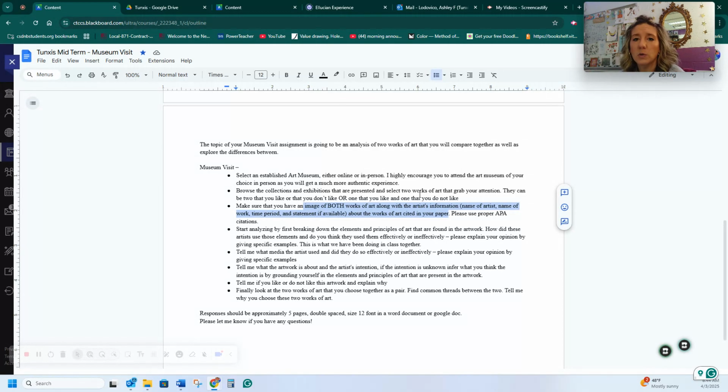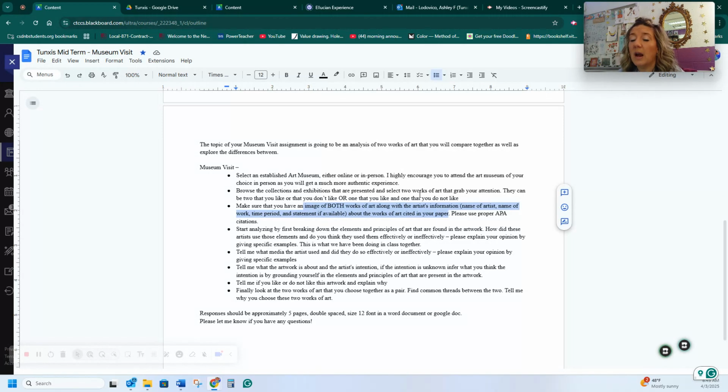So if you've never been to a museum before, you're going to see a work of art hanging up. Or if it's a 3-dimensional work of art, you'll see it being displayed, and there's always going to be some sort of an information card that tells you the artist's information, the name, time period, what the work is made out of, and oftentimes it will be accompanied by a statement by the artist themselves.